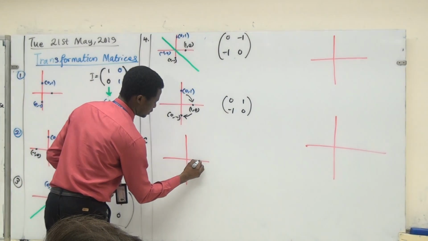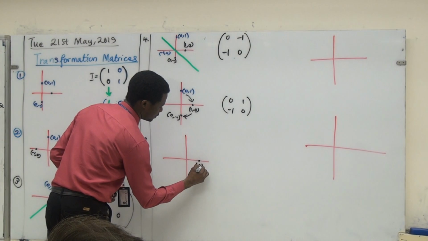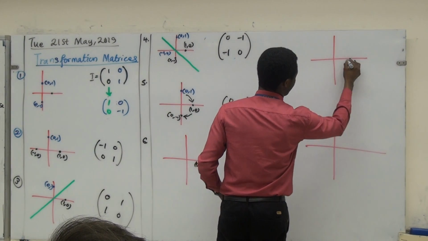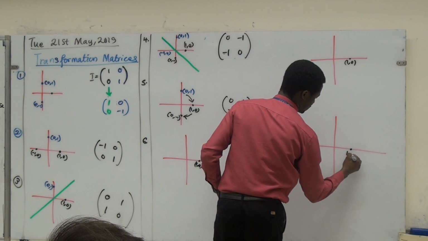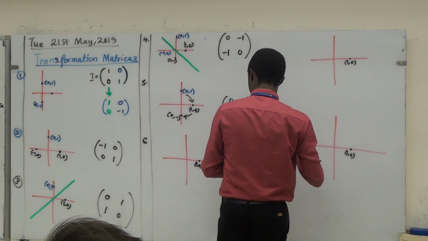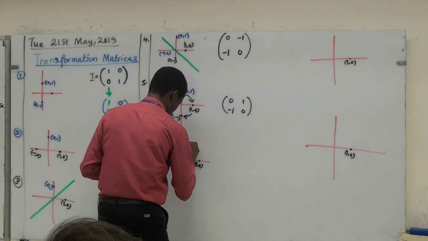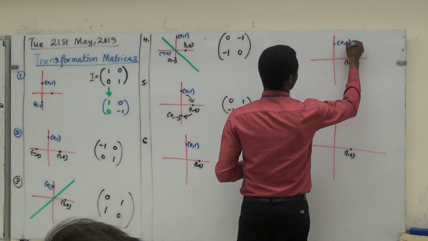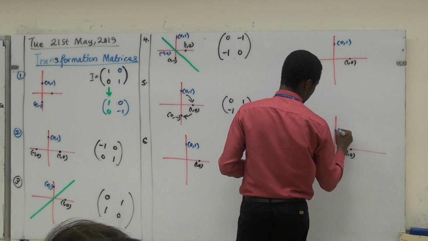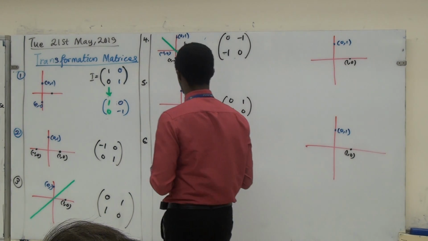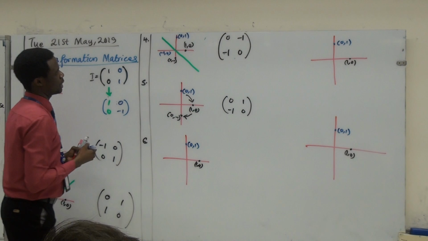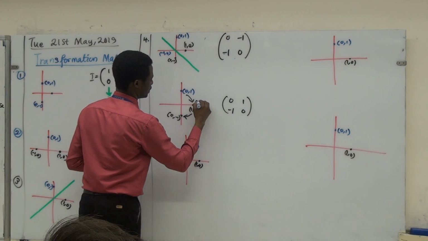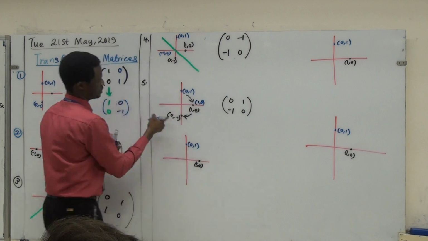But anyway, so this is your 1, 0, 1, 0, 1, 0, 0, 1, 0, 1, and 0, 1. Okay. Now, this comes here now as 1, 0, and this comes here.